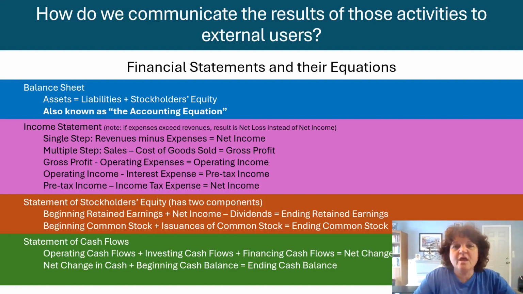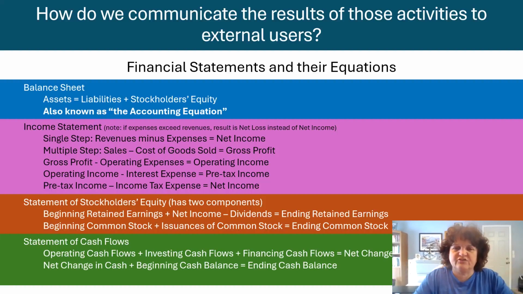So there again, some different terms you might see that are referring to overall the same or very similar concepts. So the beginning common stock plus any additional issuances of common stock is going to equal your ending common stock. And so those two components together make up a statement of stockholders' equity.